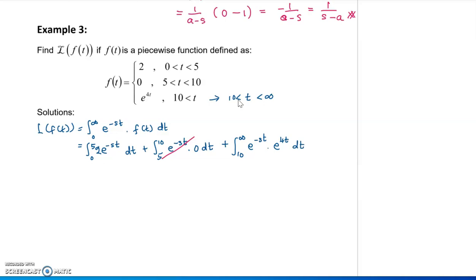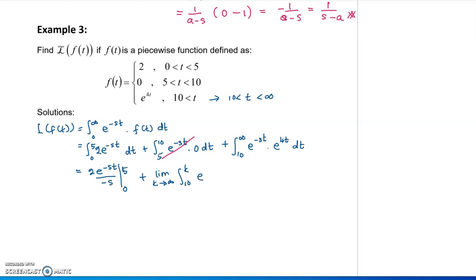All right. So now, for the first integral, we have 2 e^(-st) over negative s. Remember we integrate with respect to t, not with respect to s. So we evaluate from 0 to 5 here. And then for the third integral, we have the limit as k approaches infinity, and the integral becomes 10 to k.